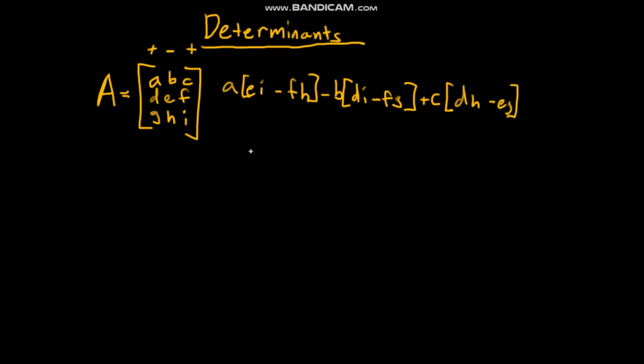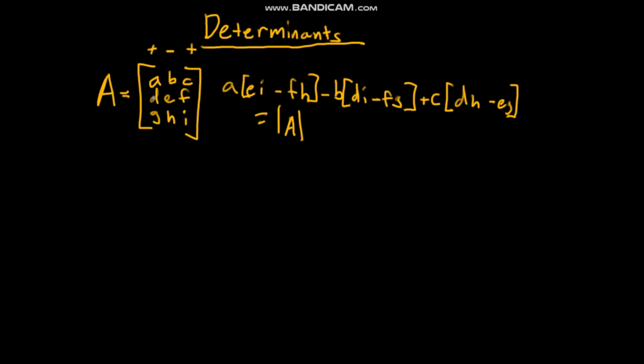And I know it looks a little confusing. So that's the determinant of A. We'll do it with some numbers in a second, and it'll make a little more sense. I just want to note that I'm not trying to get too deep into the linear algebra, but with this method, which to me is the simplest method other than just plugging it in your calculator, you follow this plus, minus, plus.